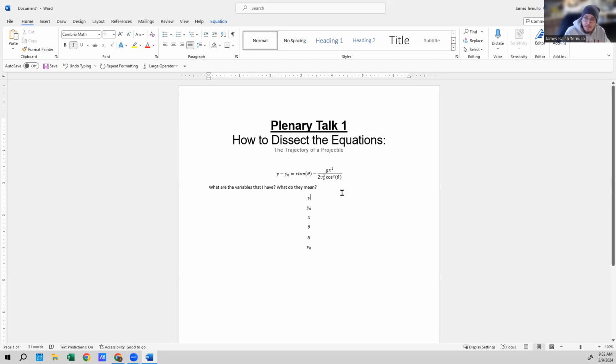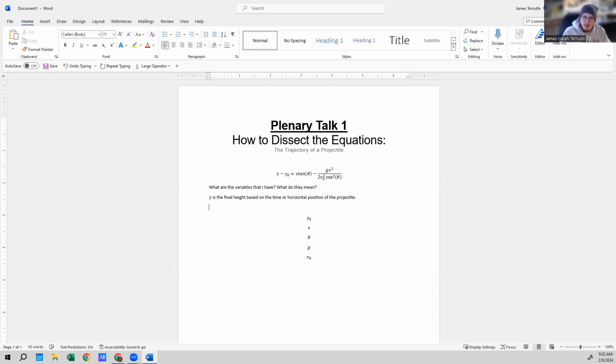So what is y? Y is the final height based on the time or horizontal position of the projectile. So now I've introduced a new word here, projectile.